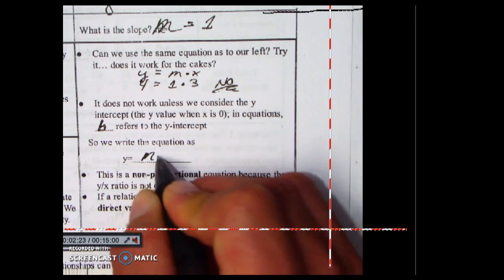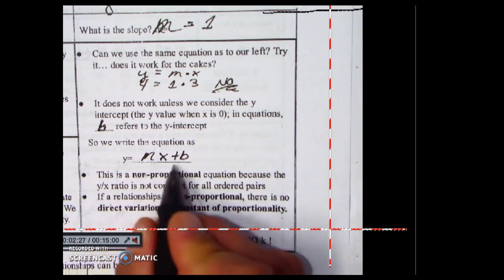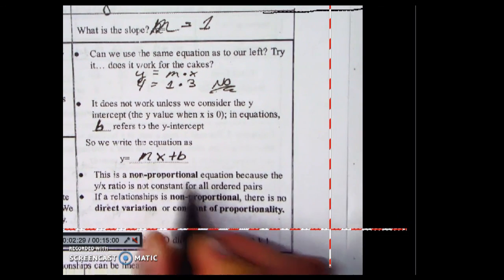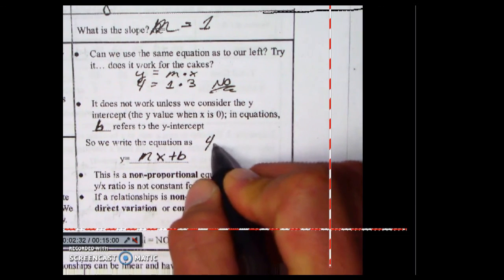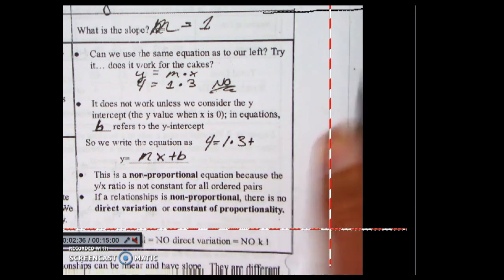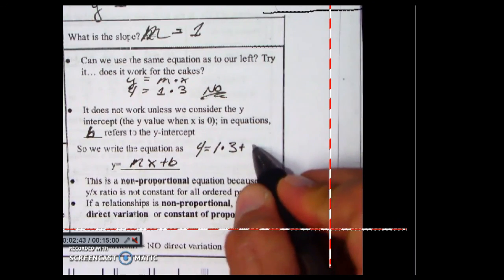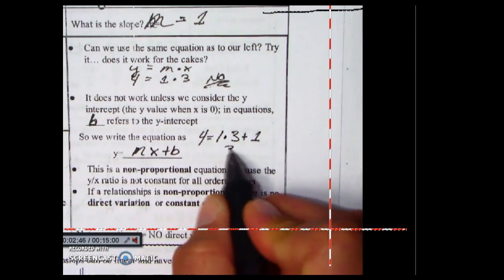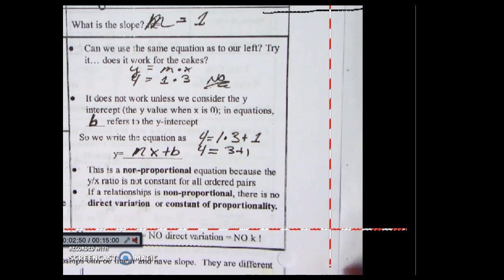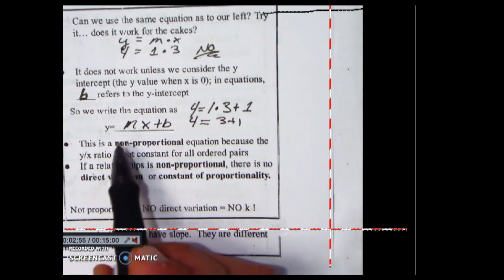Y equals mx plus b. Now let's try it again with mx plus b. Does 4 equal 1 times 3 plus, what's the y-intercept up here? The y-intercept is 1. 3 plus 1 equals 4. So this is our y equals mx plus b.